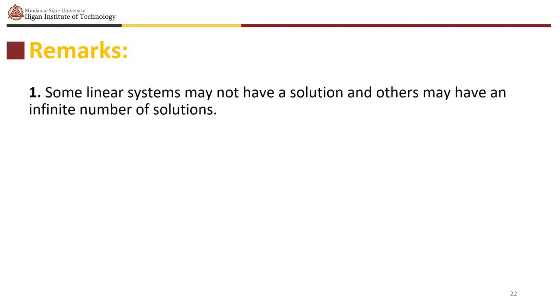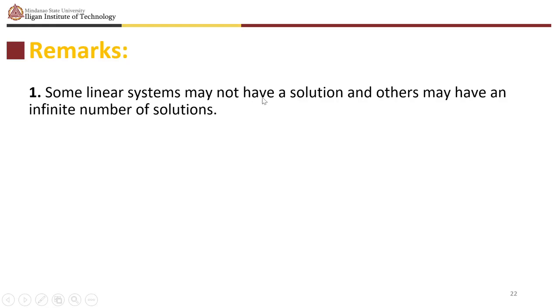Following are remarks. Some linear systems may not have a solution, and others may have an infinite number of solutions. So again, when does it have an infinite number of solutions? If the equations are actually identical.